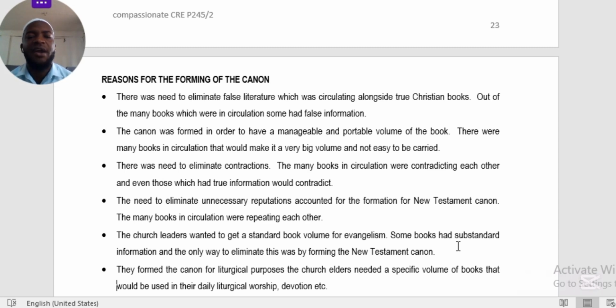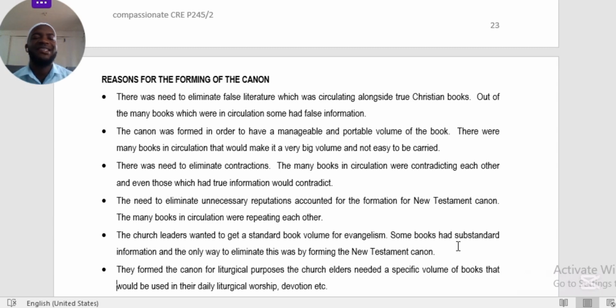There were many books in circulation that would make it very hard for the preachers to preach, because books were many and people could not read them all. So they wanted to summarize the gospel and make it easy for the people to read.